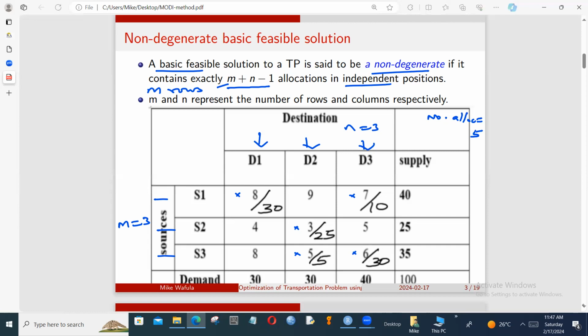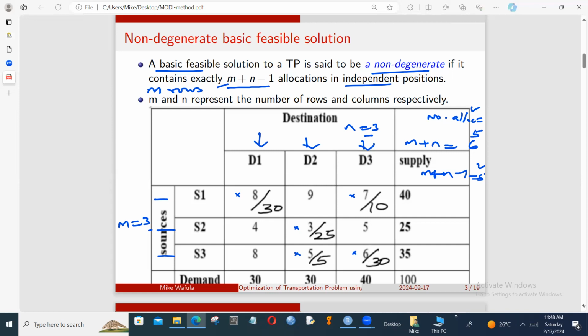And then now you check. If I sum the number of rows and columns, m plus n gives me 6, because you're talking of 3 rows and 3 columns. So m plus n minus 1 will actually be 5. And this 5 is also equal to the number of cells that have received the allocations.